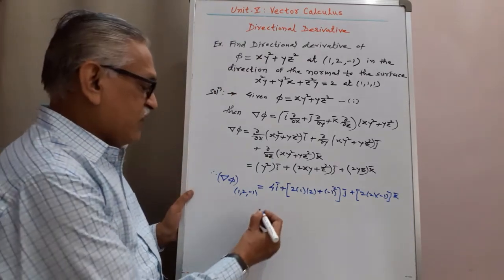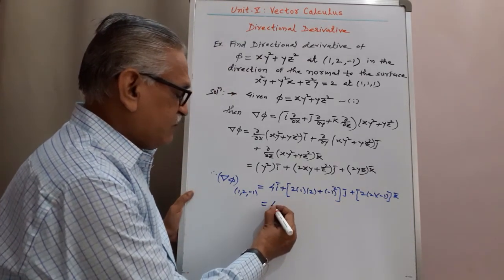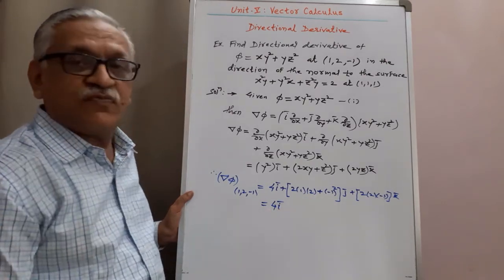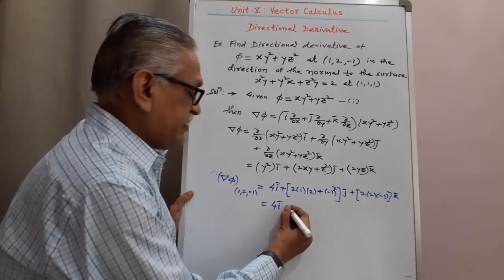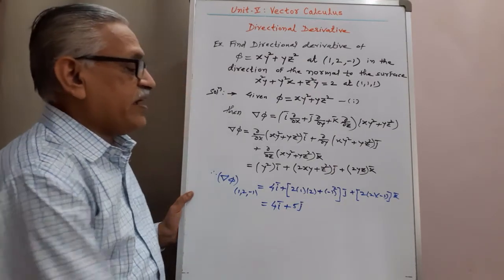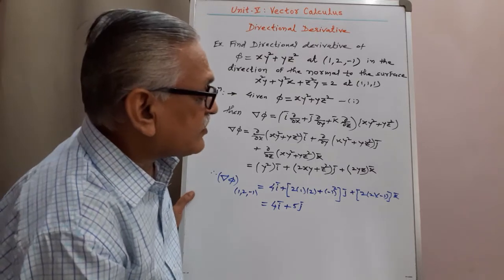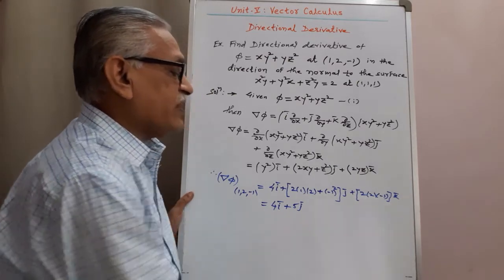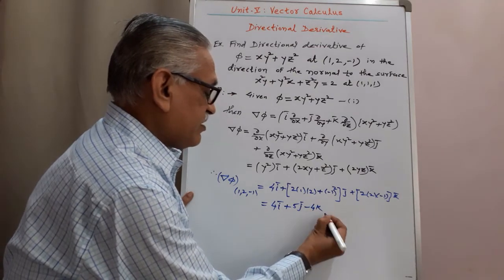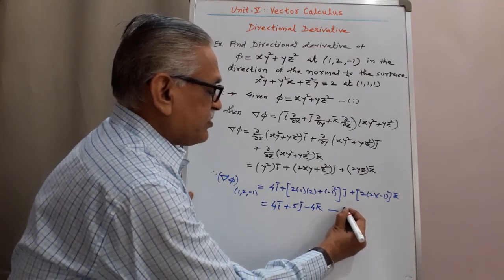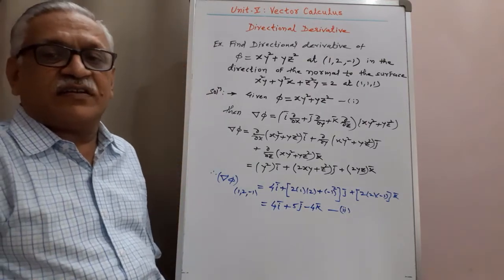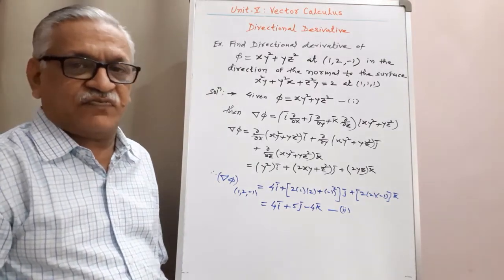Simplifying, we get 4i, 2 into 2 is 4, plus 1, we get 5j, and 2 into 2 into -1 gives -4k, as equation number 2. This is the gradient of the function phi.